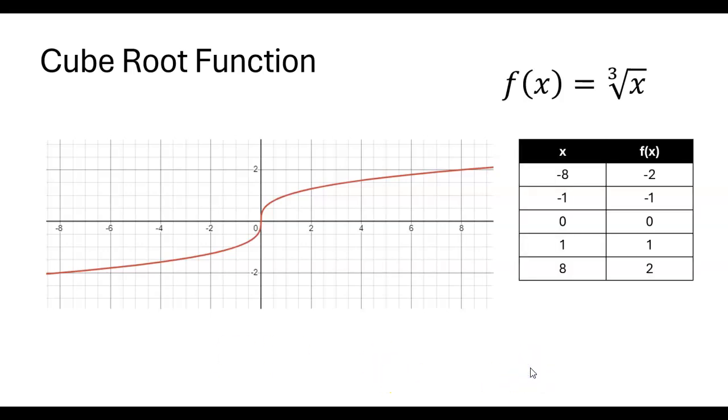Again, when we look at our table, if we plug in a negative value, we can have a negative cube root because we know -2 times -2 times -2 does yield -8. So the cube root of -8 is -2. So it's the inverse or the opposite of the cube function. And you'll notice a similarity if you compare those two tables.